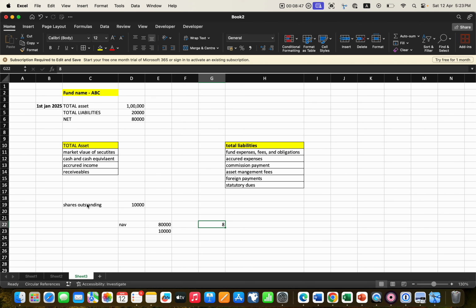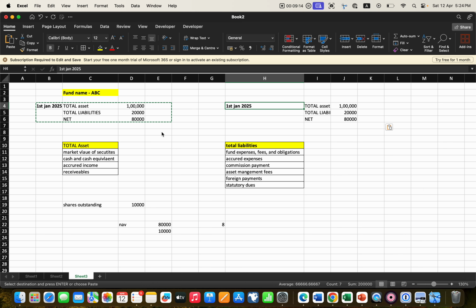So sometime on the next day, if you assume that on 2nd of Jan your net assets and net value get changed. I am just giving an example here.